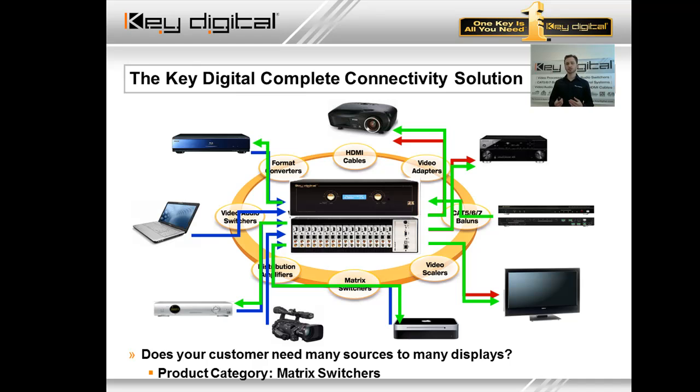So it's essentially a third matrix layer to the Key Digital part. And that's what really takes us beyond the generic, everyday matrix switcher of video and audio, because there are many options for that, but not something that packs as much punch and delivers as much value as a Key Digital matrix does.